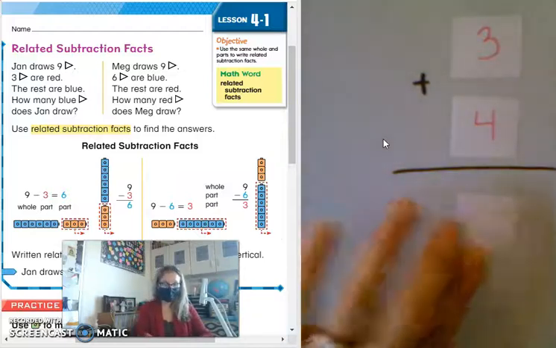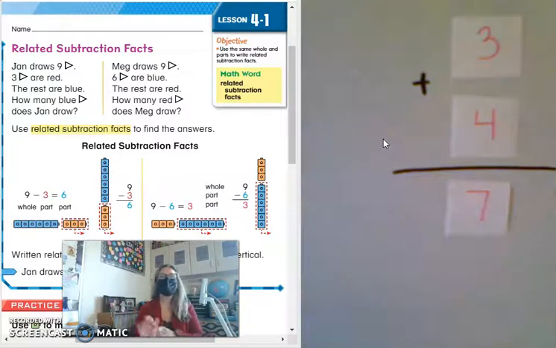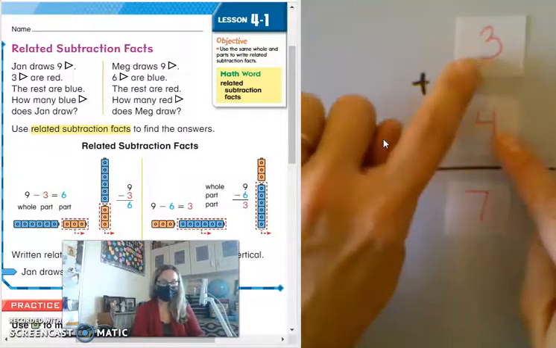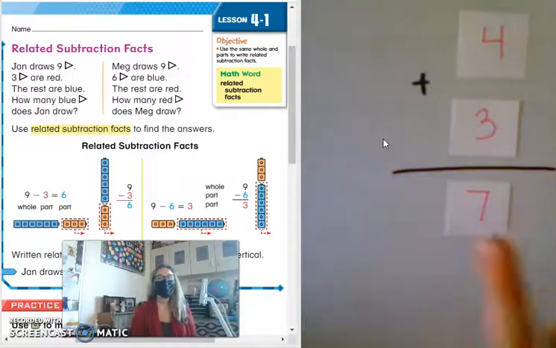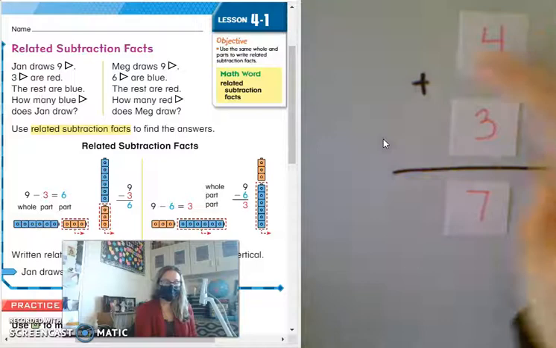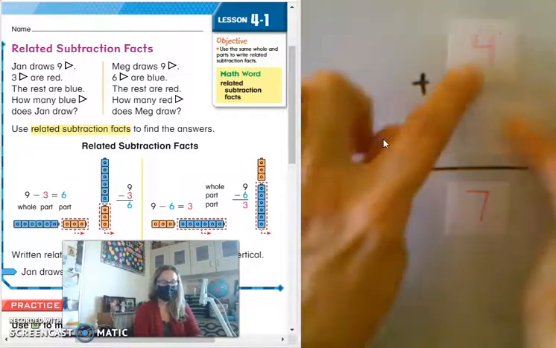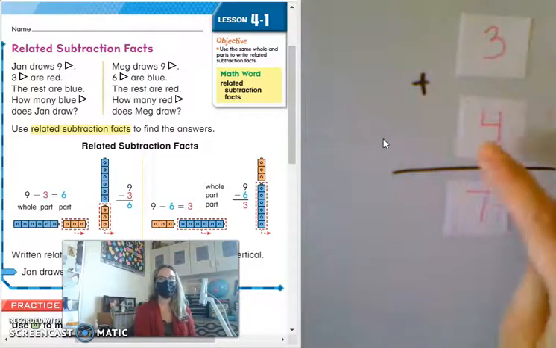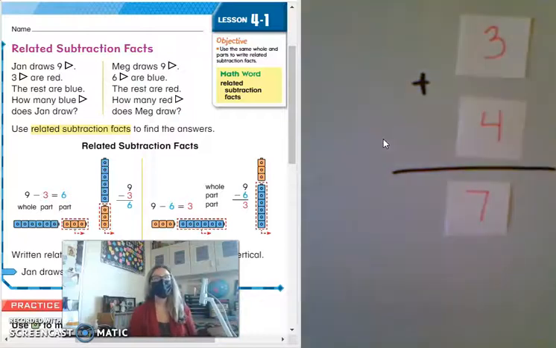Beckett? 7. Fantastic. And one of the things that we realized with addition, part, whole, is that I could flip-flop these 2 numbers. I could switch the 3 and the 4, and it would not change my answer, right? So 4 plus 3 equals 7, and I could flip these and say 3 plus 4 equals 7. Those of you that are putting your eyes on the board right now, you are getting an awesome understanding of how related facts work.